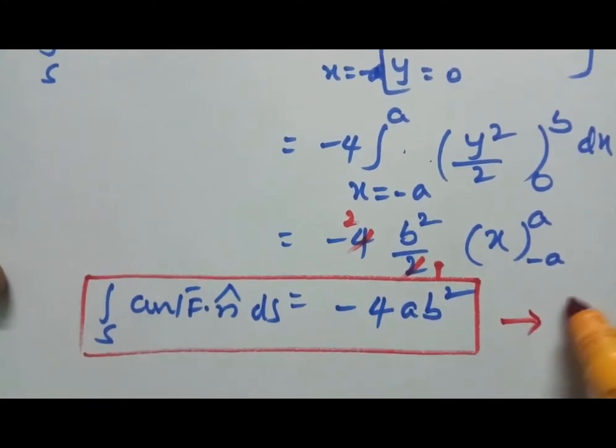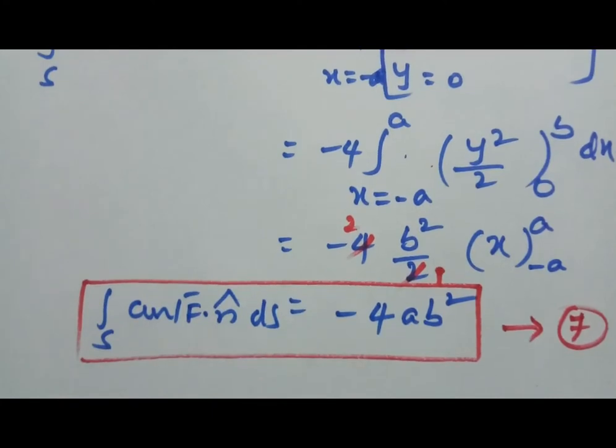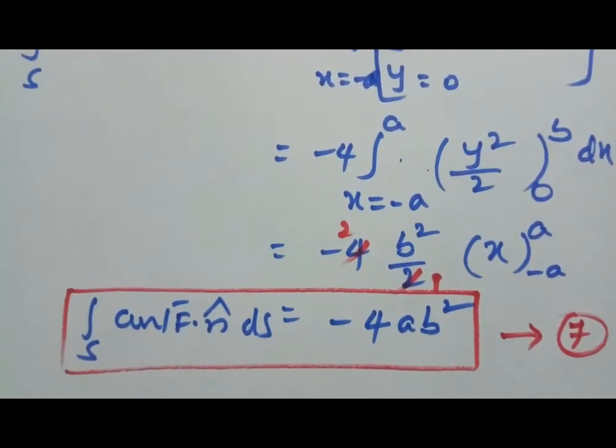From equation numbers 6 and 7, we have line integration equal to surface integration. Therefore, Stokes theorem is verified.